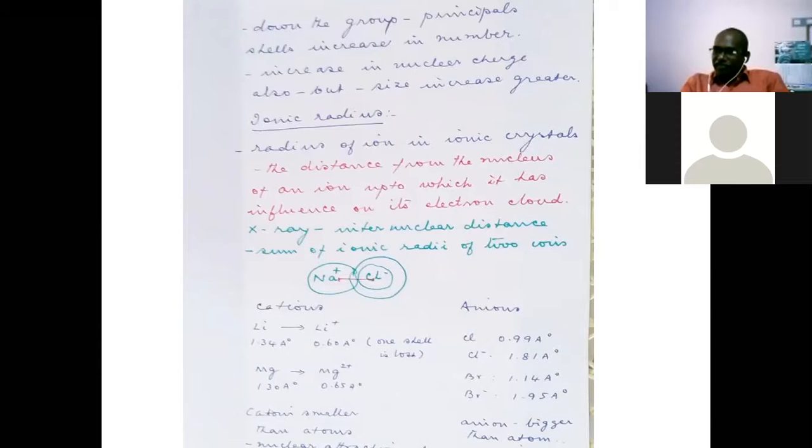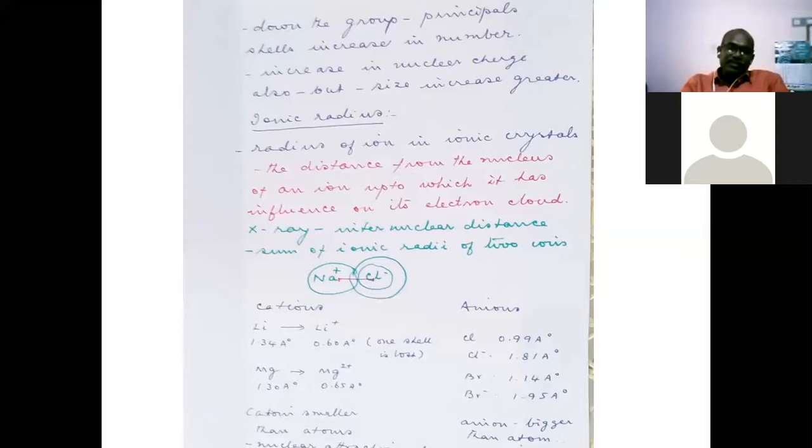So by X-ray diffraction studies, you can calculate the internuclear distance, but you cannot simply take half the distance as the ionic radius, because one ion will be smaller and the other ion will be bigger. For example, if you take a sodium plus ion and a Cl minus ion in the ionic crystal of sodium chloride, the sodium ion and the chloride ion will be close. The X-ray study will reveal the distance between the sodium nucleus and the chlorine nucleus.